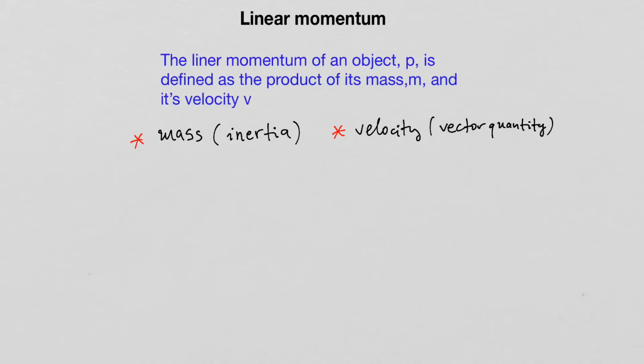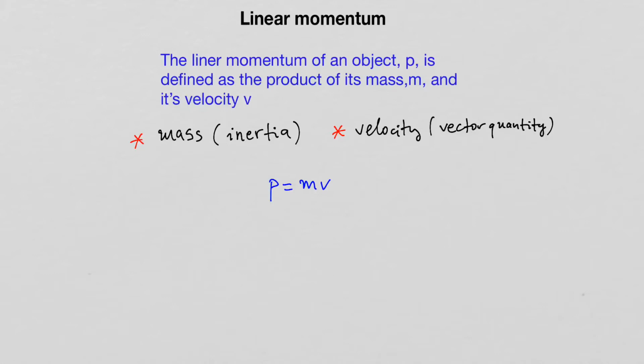The momentum of a moving object has the same direction as a vector as the velocity of the object. The formula for momentum is P is equal to m times v.